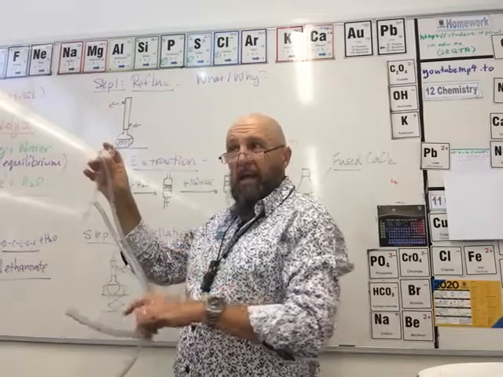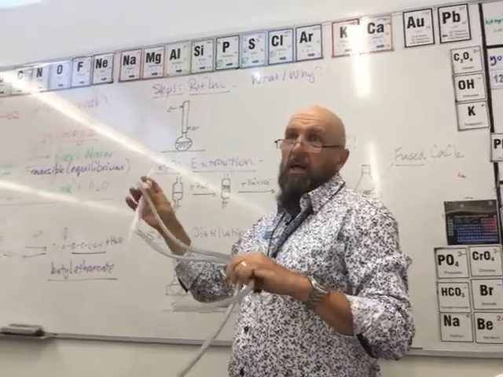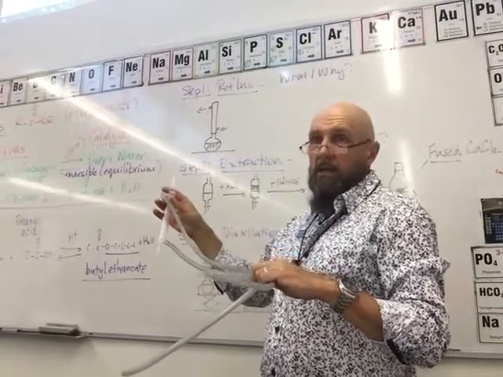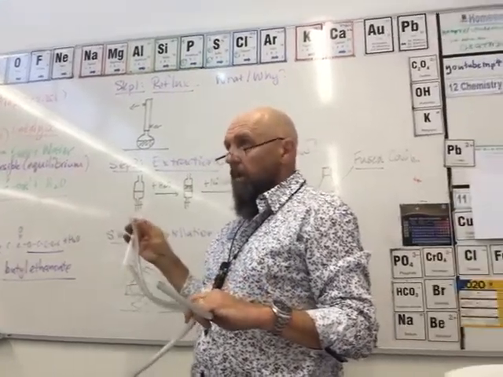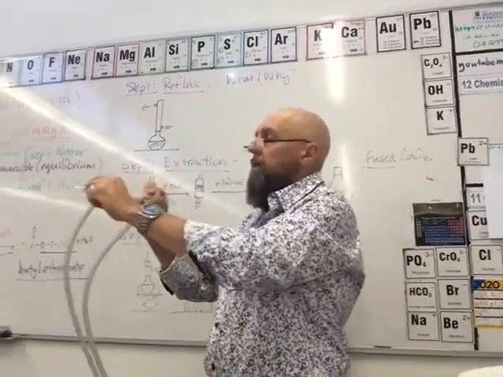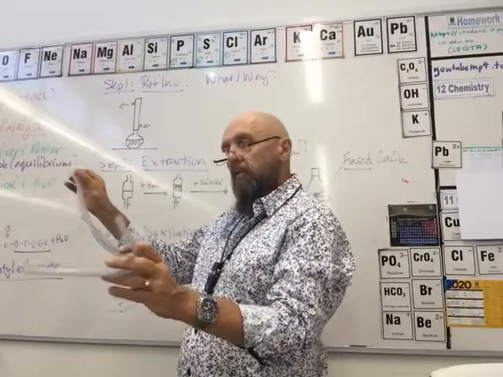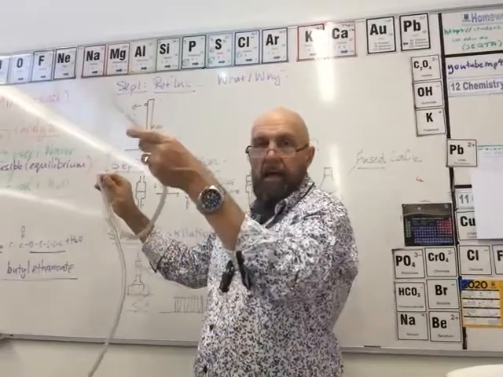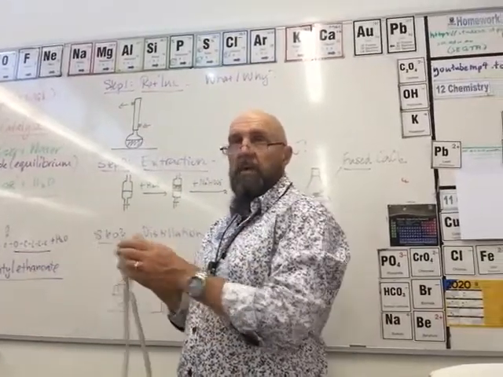It's called a condenser, a Liebig condenser. It's a hollow piece of glass with a glass jacket on the outside, and the hose is for water to go in through the bottom and out through the top into the sink. So that's our condenser.